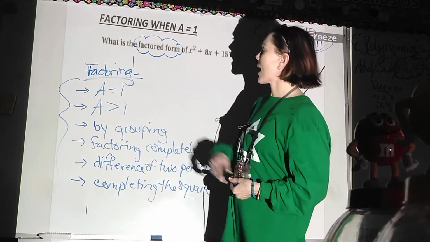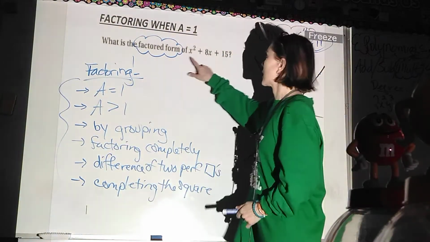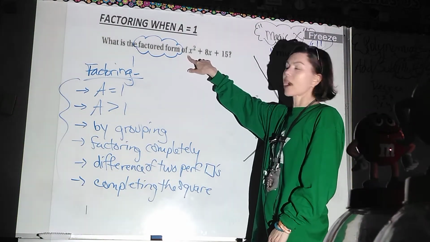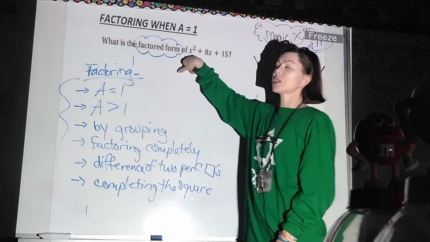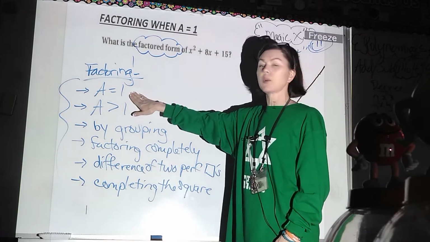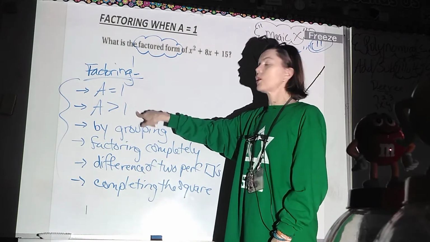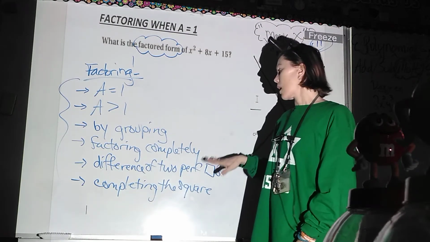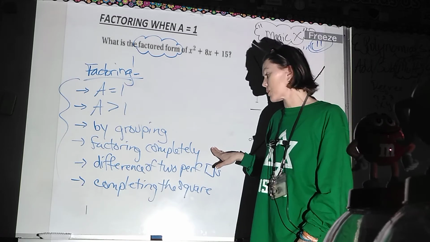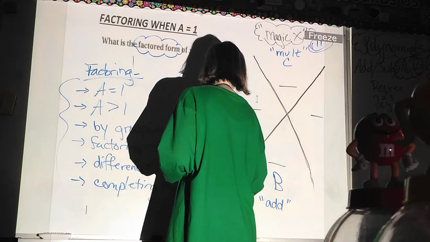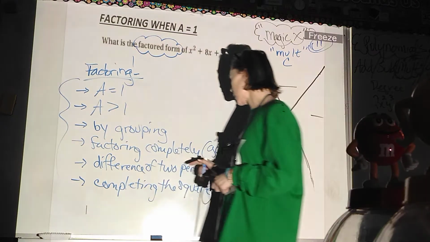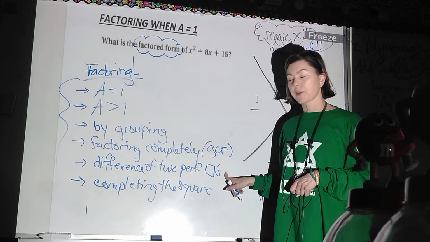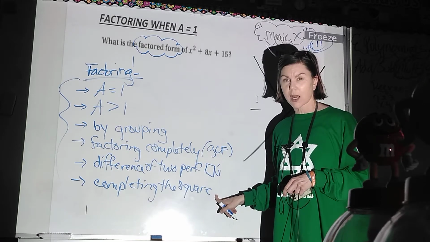We need to know how to factor when our A value, here's our A, B, and C, so here's our A value, is equal to 1, when our A value is greater than 1, how to factor by grouping, factoring completely, which means we have to first pull out a GCF and then factor from there, factoring the difference of 2 perfect squares, and then completing the square.